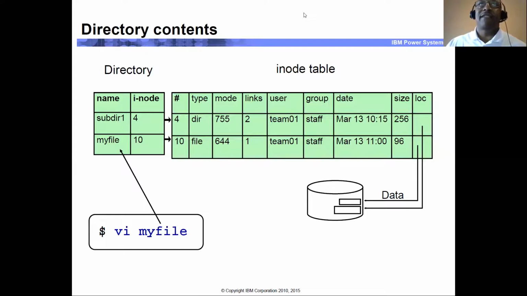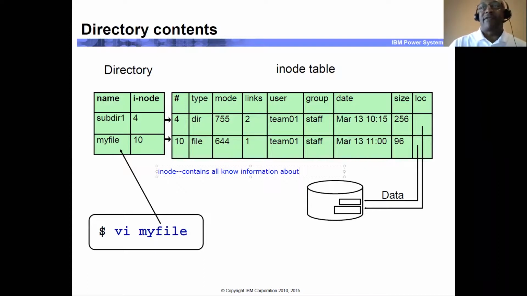So the inode, simply known as an index pointer, if you will, but we'll keep it simple, contains all known information about the file.